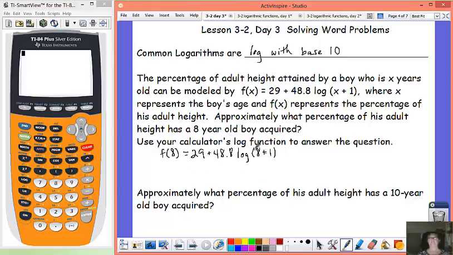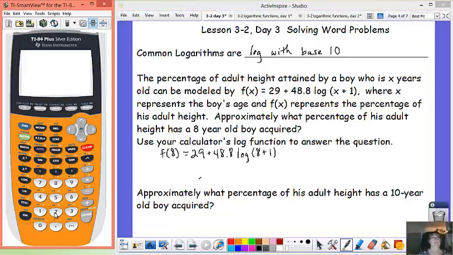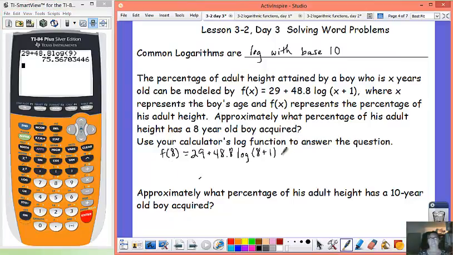Alright, that's something that I can put into my calculator. We'll put into our calculator 29 plus 48.8 log, and we might as well do the 8 plus 1 because we know that that's 9. And let's see what it tells us. The result that we get is 75.6 approximately.